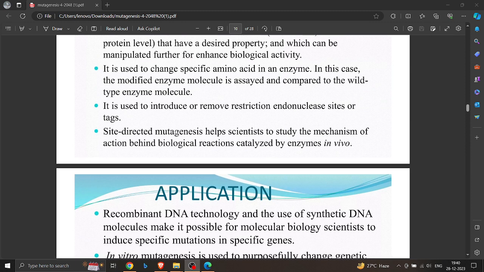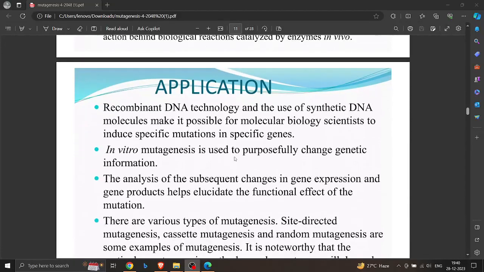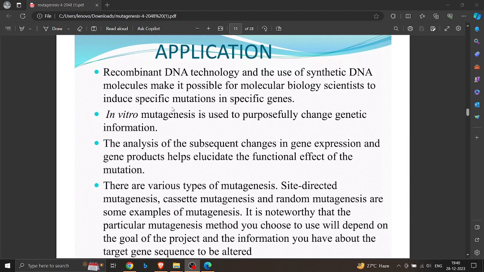Site directed mutagenesis helps scientists to study the mechanism of action behind biological reactions. Recombinant DNA technology and the use of synthetic DNA molecules make it possible for molecular biology scientists to induce specific mutations in specific genes.